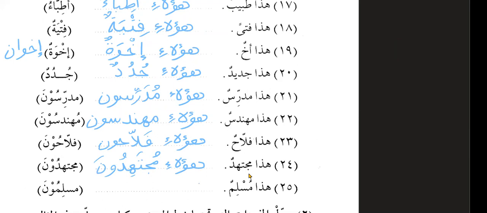عبيد هذا مسلم. هؤلاء مسلمون. ما معنى هؤلاء مسلمون؟ These are Muslims. What does Muslim mean, Ubaid? These are believers? Believer is a mu'min.